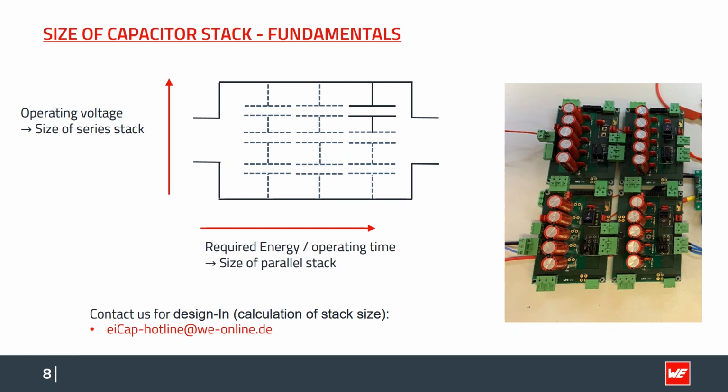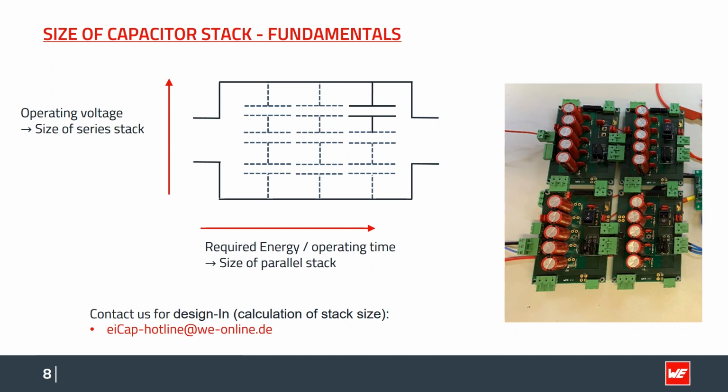From the power and the operation time or discharge time, the capacitance is calculated. With that, the capacitance of each individual supercap can be calculated. Sometimes the required capacitance makes it necessary to parallelize the series connection in order to get the required total energy.